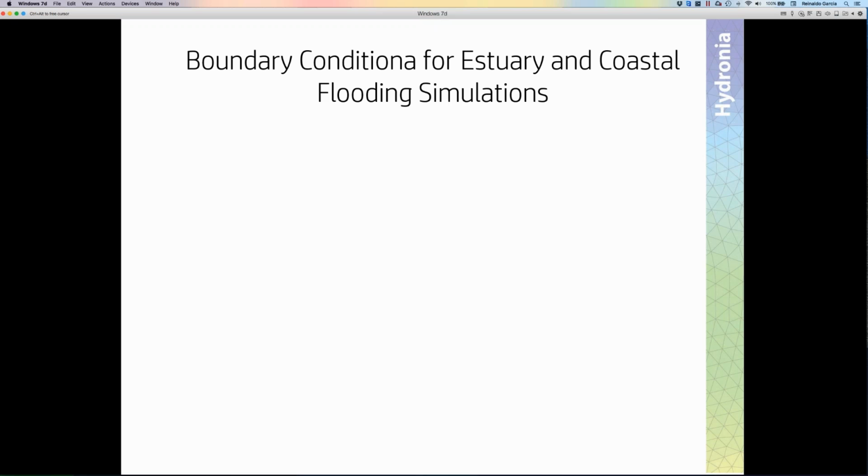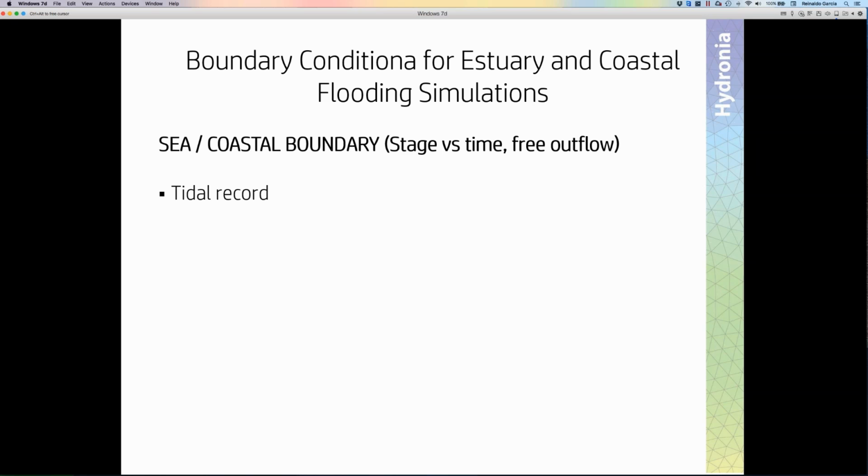Now, in regards to the particularities of the boundary conditions that are required for estuary and coastal flooding simulations, in case of the sea boundary or coastal boundary, normally what you need there is the stage versus time or free outflow, and normally you have tidal records, storm surges, or tsunamis.